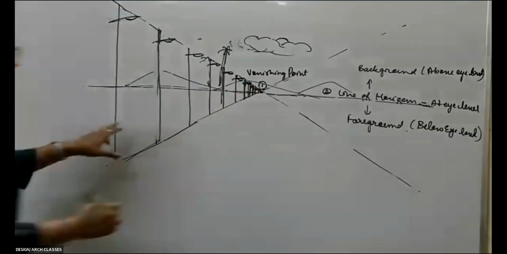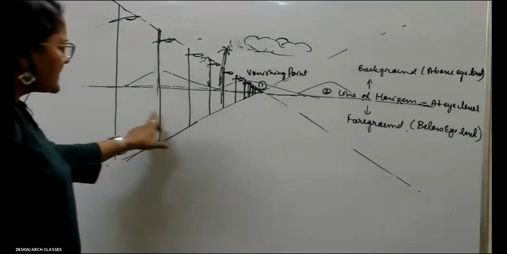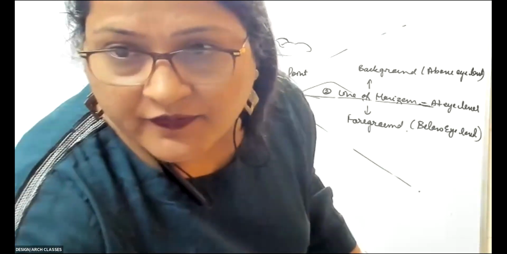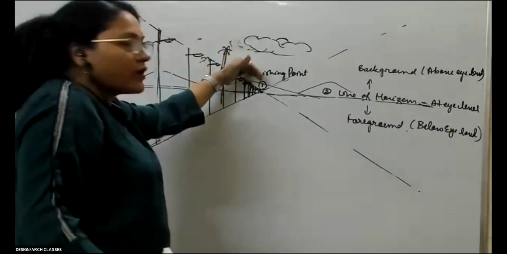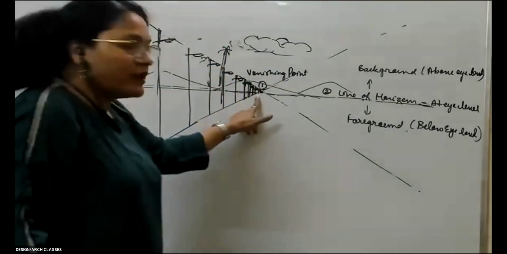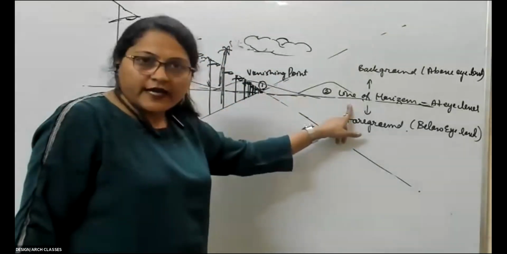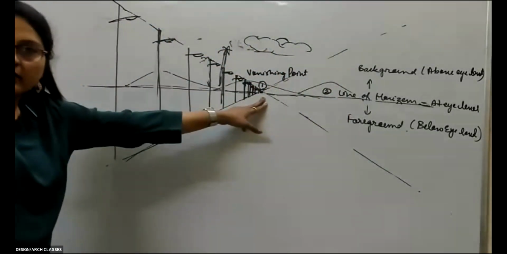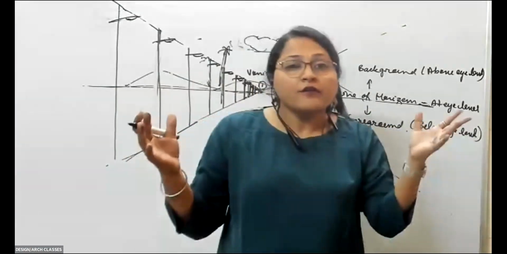I told you I had street lights here. So what happened to these street lights? As they were moving further, we had an illusion that the height is getting smaller, smaller, smaller, and the distance is also getting smaller. And at one point of time, where I can see my vanishing point at my line of horizon, I cannot see beyond it. So this is known as vanishing point, where all details seems to get vanished or faded.